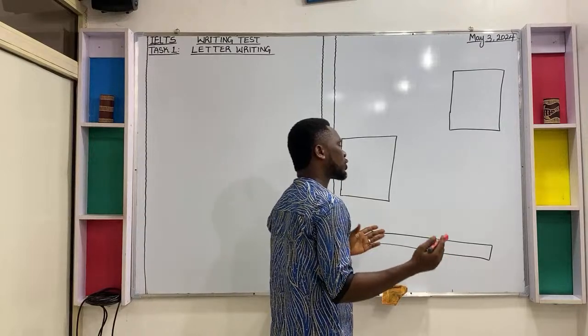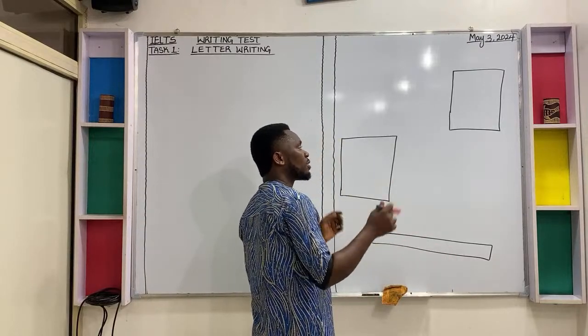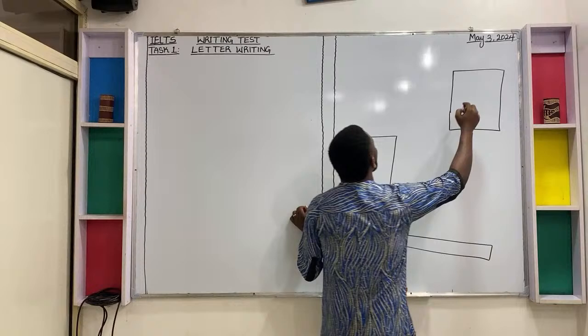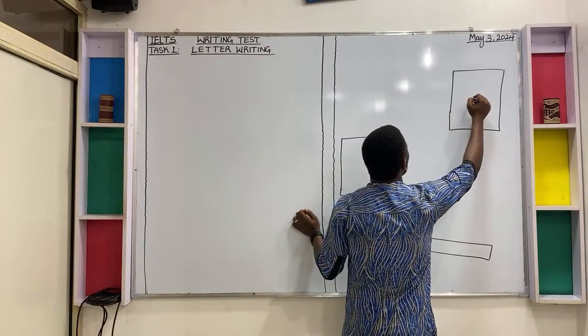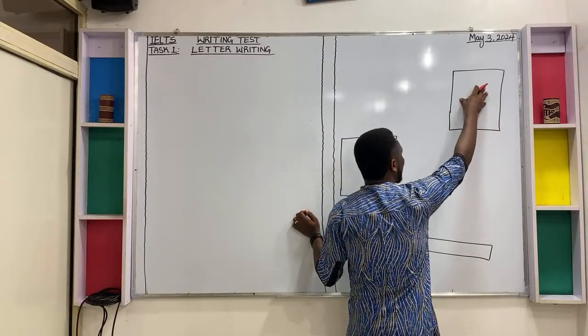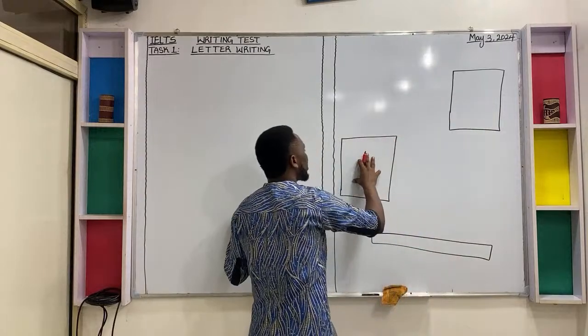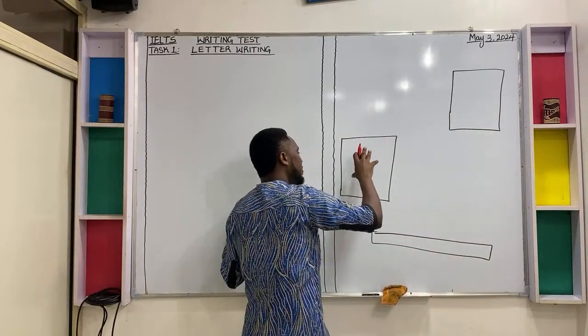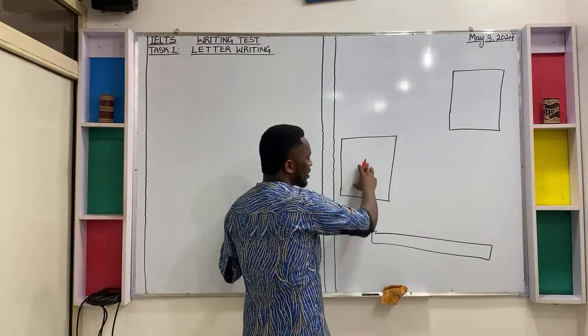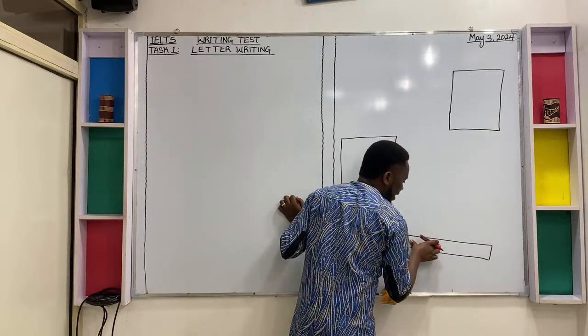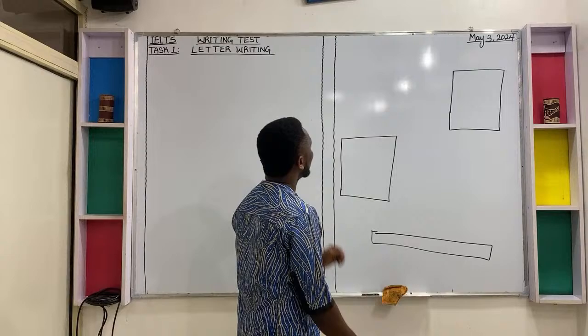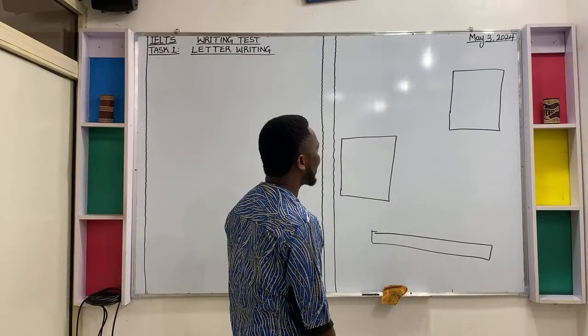When you're writing an official letter, whether a semi-formal letter or a formal letter, normally right here you have the writer's address and date. At this corner, you have the recipient's address. Then right here, like you said, it's usually the subject of the letter.